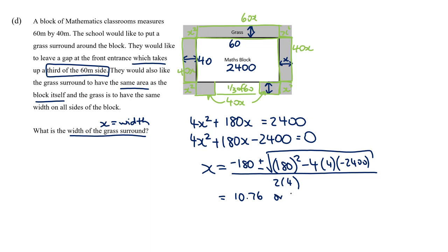The negative answer will be negative 55.76. And so what do we say? Yeah, because x cannot be equal to negative 55.76. Therefore, x is 10.76. And that is the width of the grass around. Okay. Happy with that?